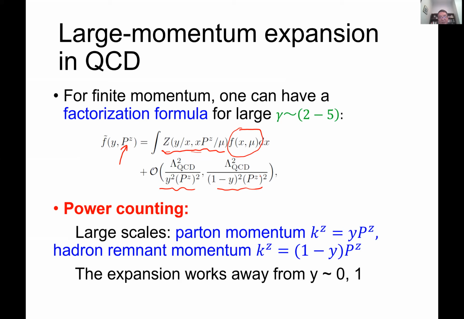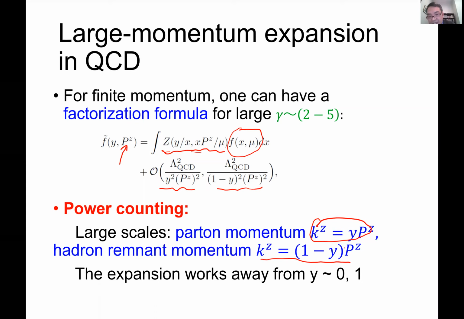What is the smallest large momentum scale in the system? First of all, you have the momentum of the parton you're looking at, which is KZ, called yPZ. And also you have the remnants of the hadron when you take out the parton, which will have momentum going like (1 minus y)PZ.